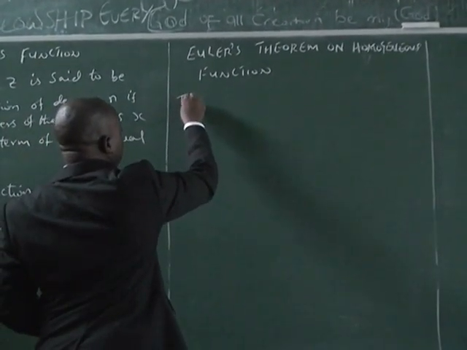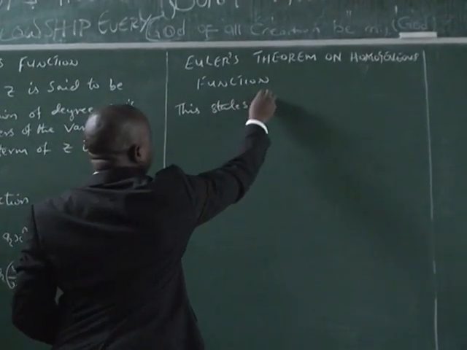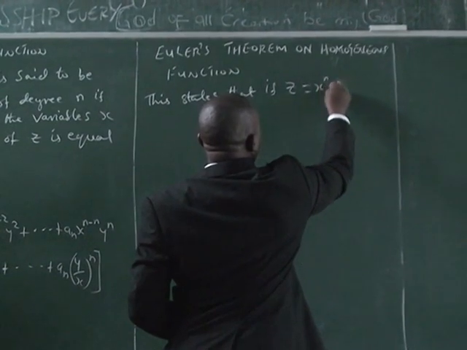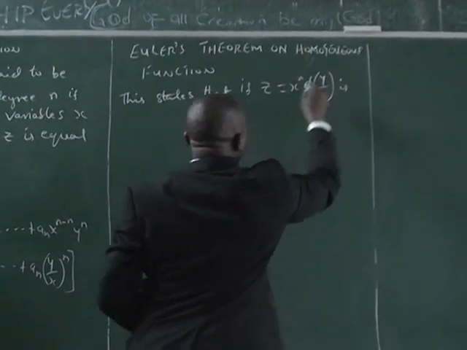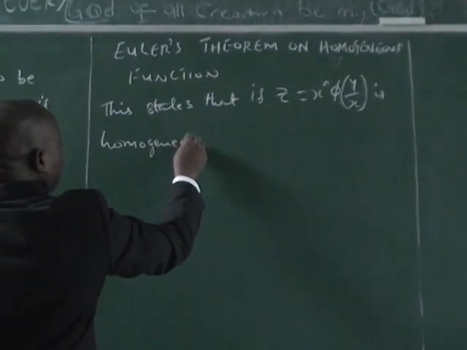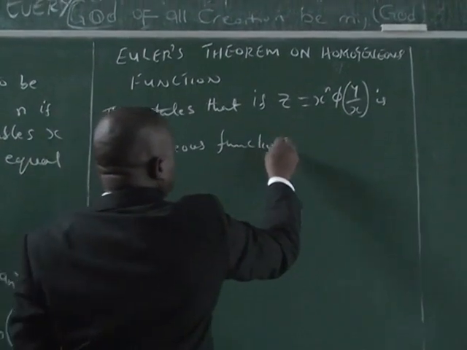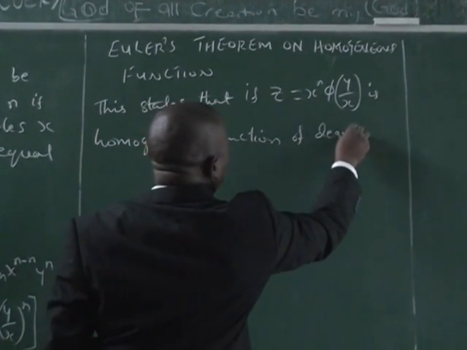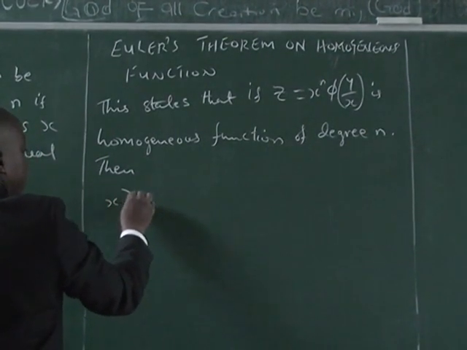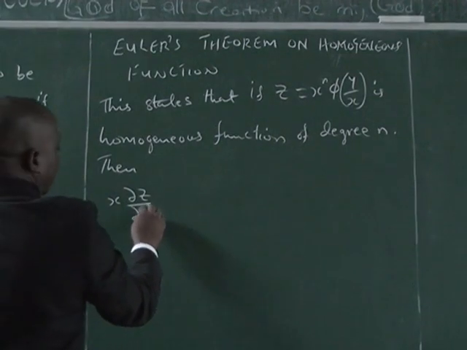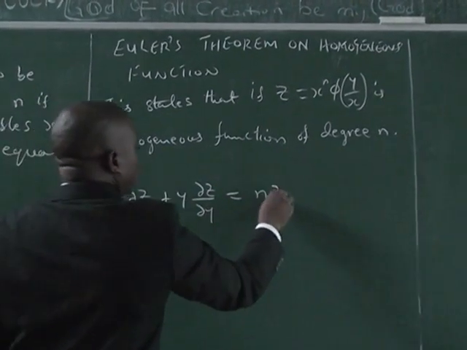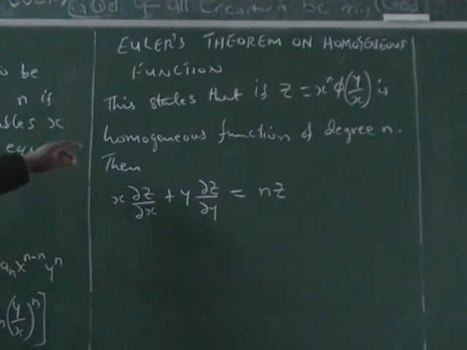Now, it states that if z is equal to x raised to n phi of y over x is a homogeneous function of degree n, then x partial z partial x plus y partial z partial y will be equal to nz. That is what the theorem states.